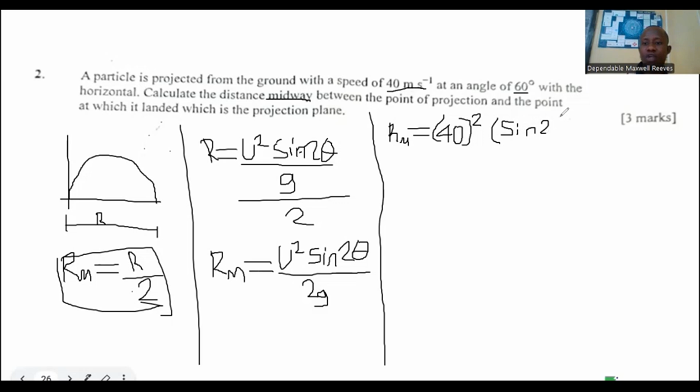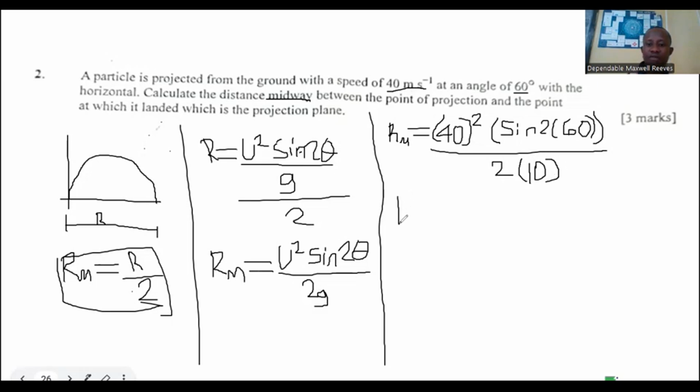Theta given in the question is 60 degrees, all divided by 2 times g. The gravity constant is 10 m/s squared.